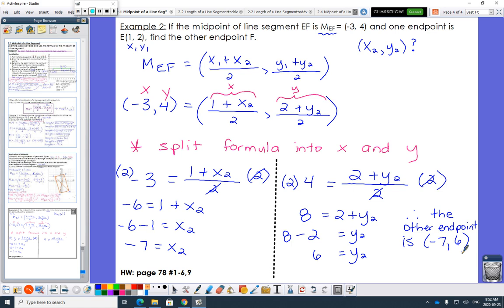But for me, I don't mind. If I can clearly tell what the x value is and what the y value is, that's good enough for me, okay?